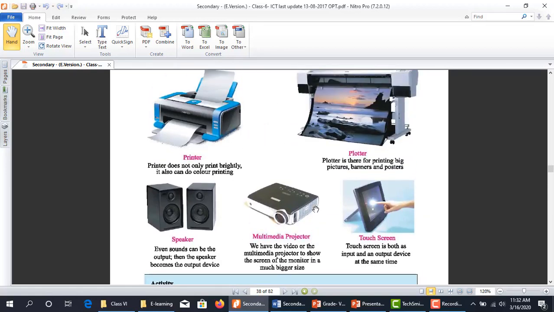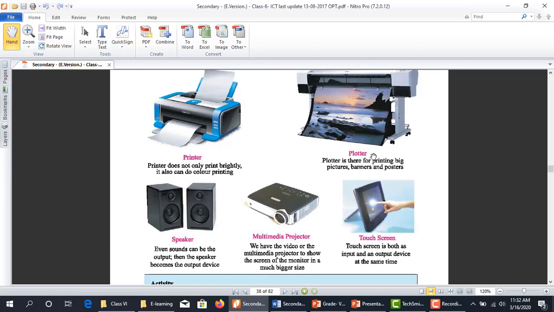There are two kinds of printers you will see there, one is the printer and one is the plotter. The printer is very small, and you can print an A4 size page, like the pages you know at home, from the printer. So the printer is an output device.